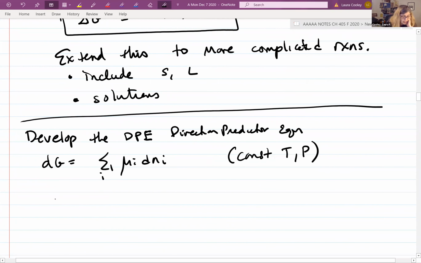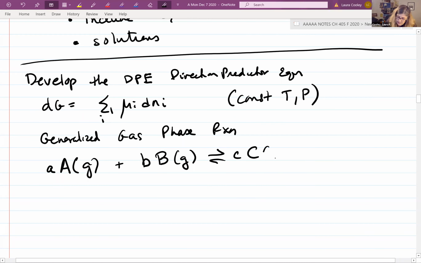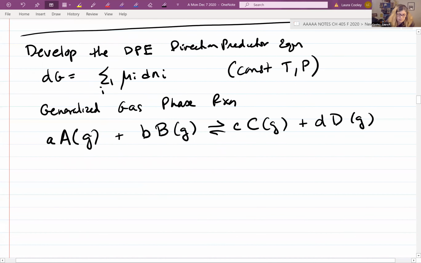So what about for this? Here's a generalized gas phase reaction. Okay, like if we take stoichiometric coefficient a times compound A, gas, plus stoichiometric coefficient b times gas B goes to c C and d D. All right.